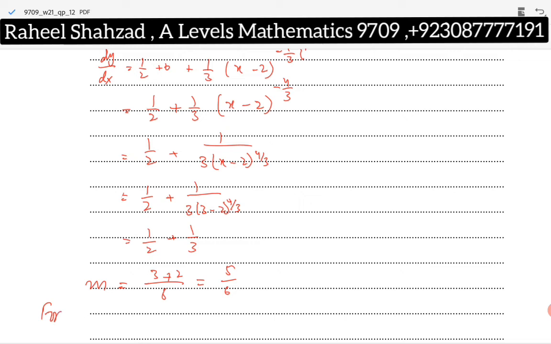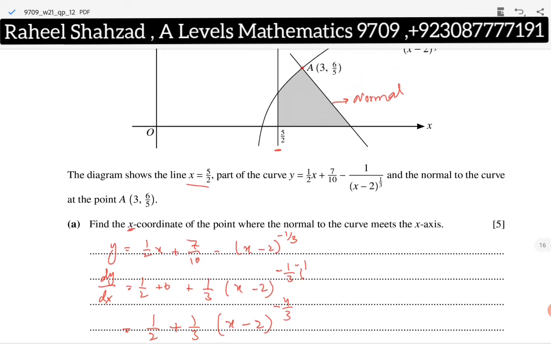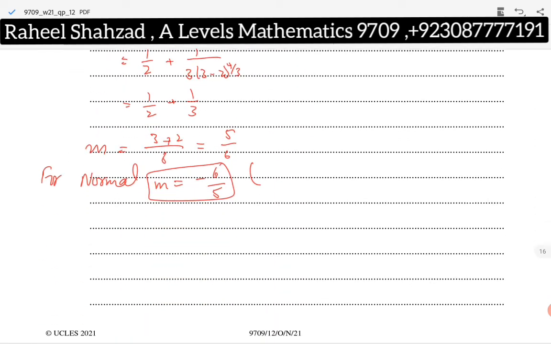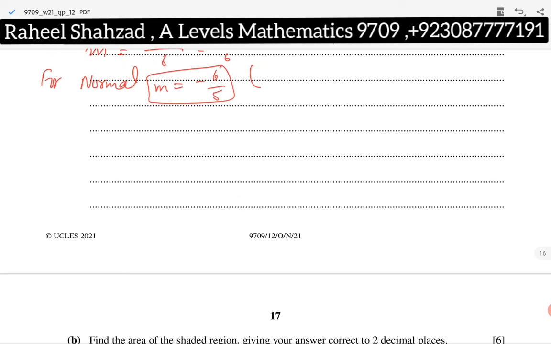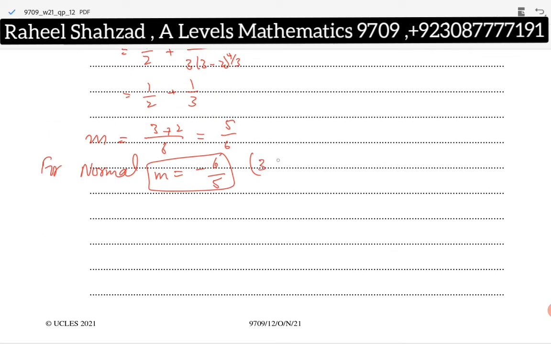So we are looking for the normal. For the normal, the slope is equal to minus 6 divided by 5, and the point is 3, 6 by 5. So y minus y1 equals m (x minus x1). y minus 6 by 5 is equal to minus 6 by 5 (x minus 3).